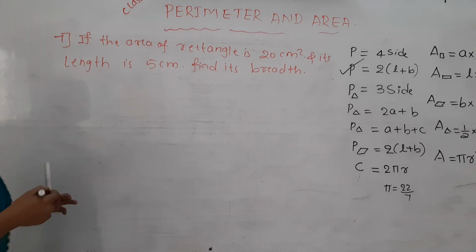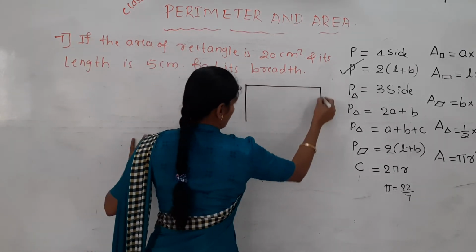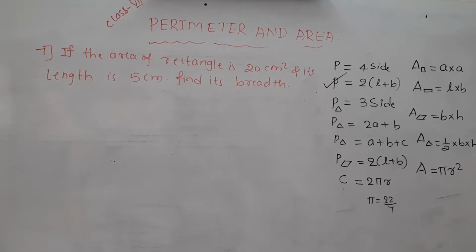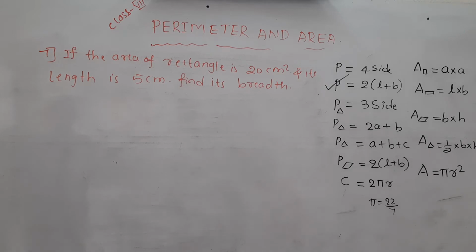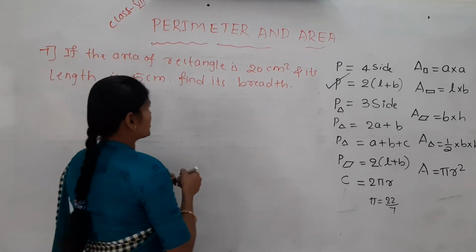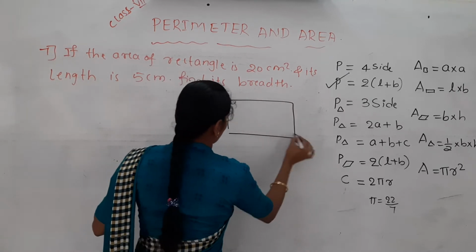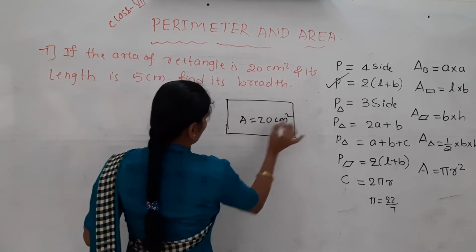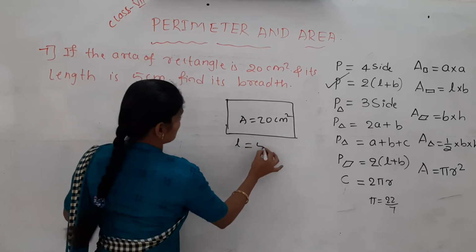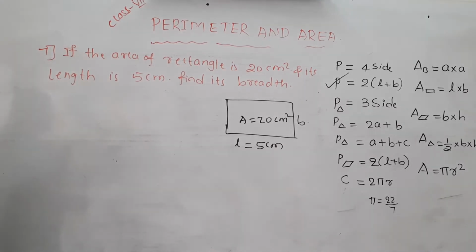We need to find the breadth. How? Yes, this is a rectangle. See here, the area of the rectangle he has given. What is that area? 20 centimeter square. And its length, how much has he given? 5 centimeter. Then we have to find the breadth of the rectangle.